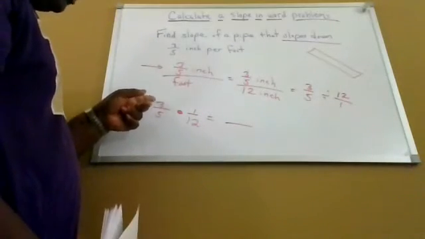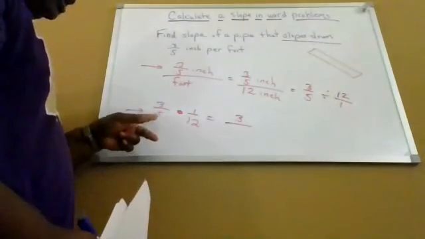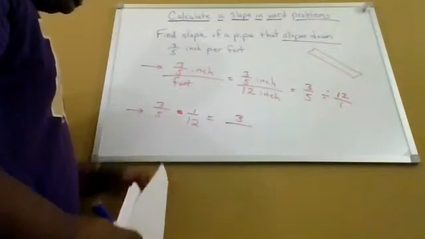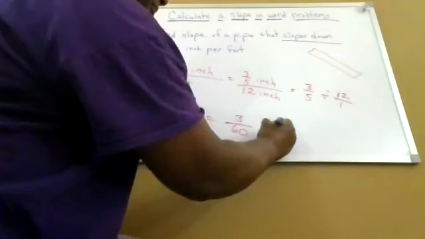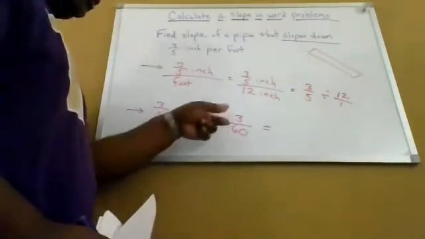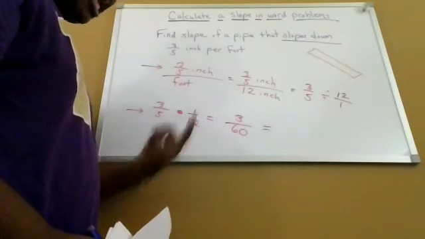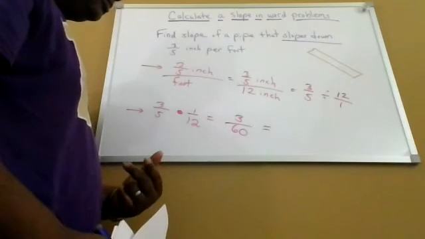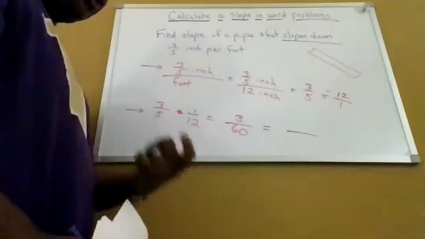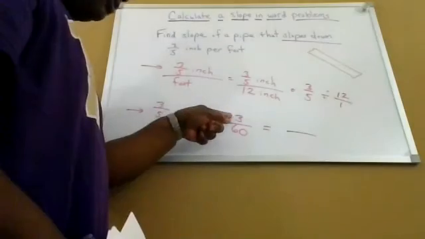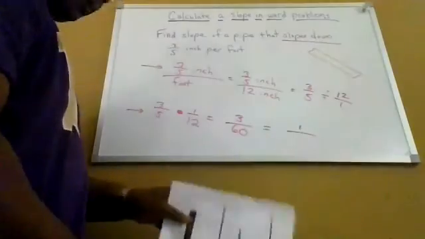Numerator times numerator, 3 times 1 equals 3. And 5 times 12 equals 60. And now this fraction can be reduced because 3 and 60 have a common factor of 3. So if I divide my numerator by the greatest common factor of 3, I have 3 divided by 3 is going to be 1.